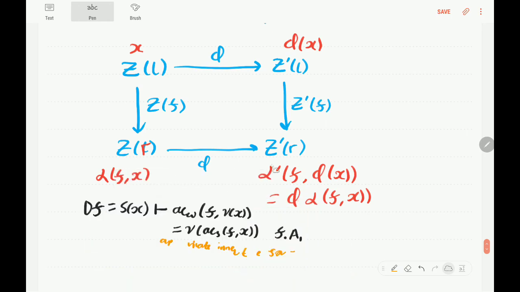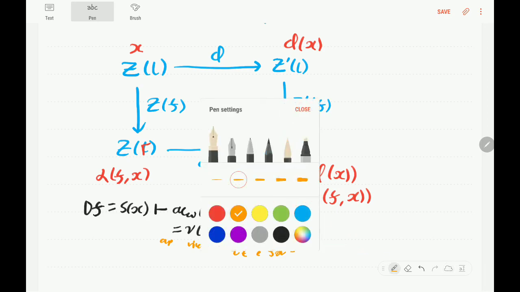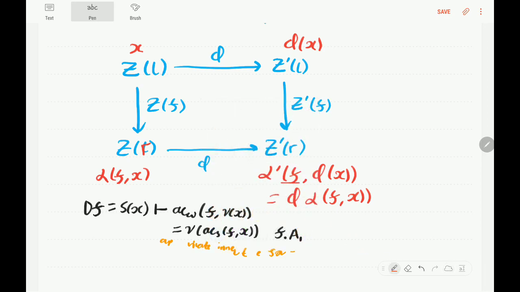Alpha dash here represents this action after the natural transformation. Of course, there are other ways to describe this. For example, if we're using our usual functor notation, we'd write this as f of x of z.